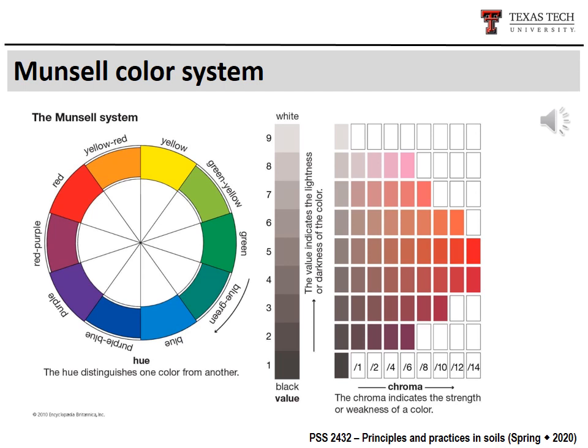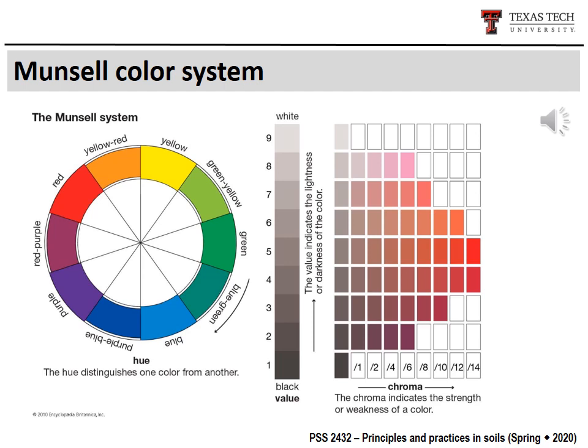As you can see here on the right side, the value ranges from 1 to 9. What means value 1? Black. And what means value 9? White. From the bottom to the top. Okay?